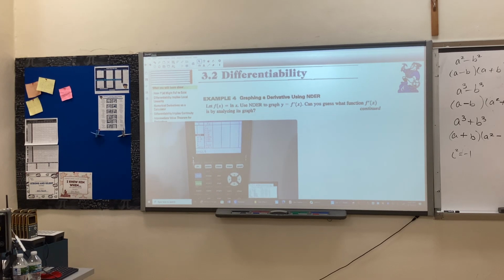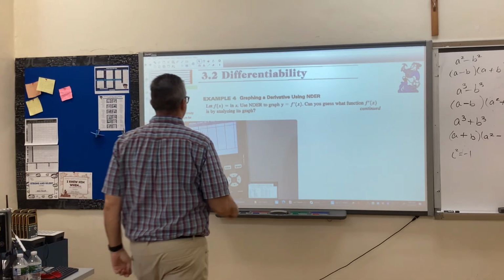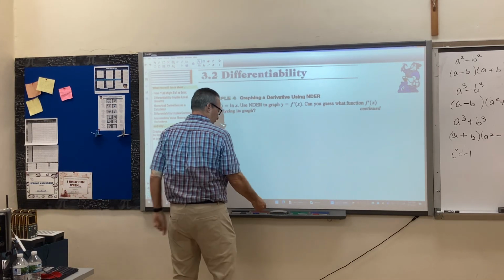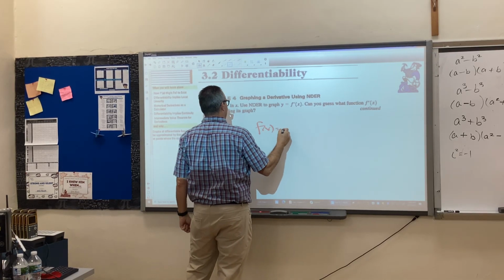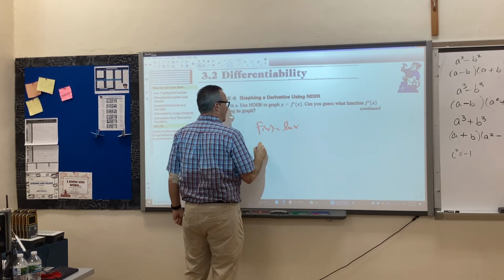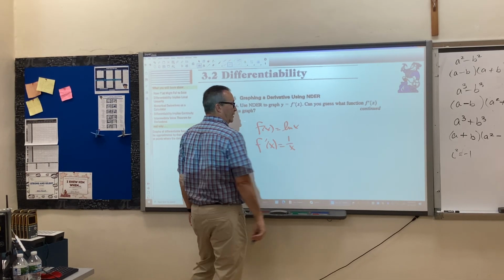If I plug in a 6, I get a 1/6 out. A 7, a 1/7 out. What is that function? 1 divided by x. So as a function, if f of x is the natural log of x, its derivative is 1 over x.